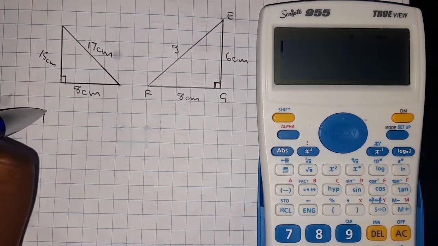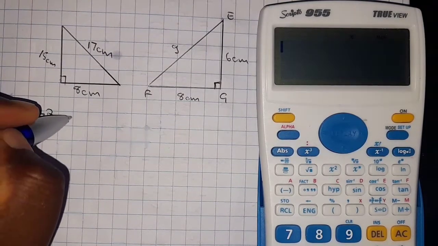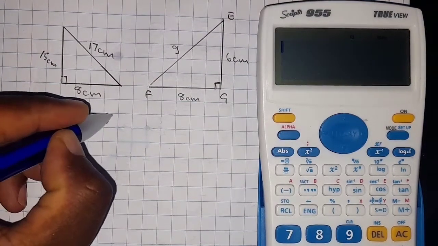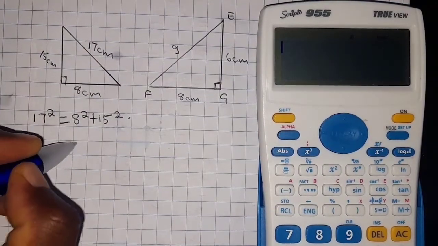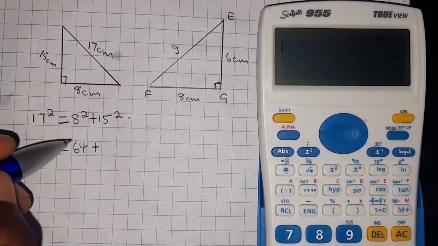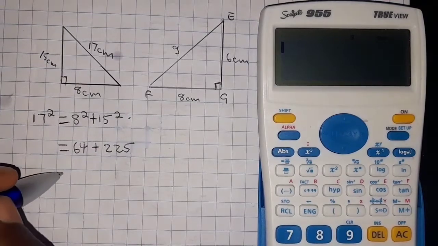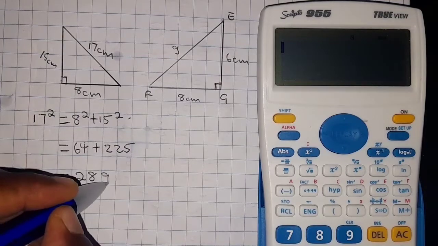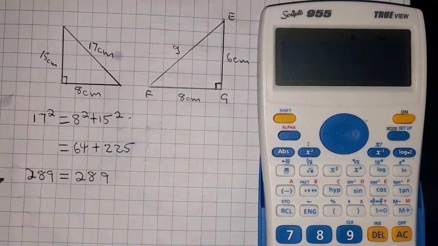So we can check that 17 squared, where 17 is the hypotenuse, is equal to 8 squared plus 15 squared. Our 8 squared is 64, and our 15 squared is 225, and when you add these two, it's 289, and 17 squared is also 289.